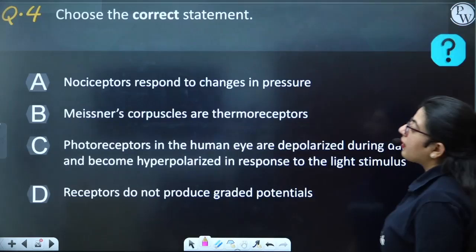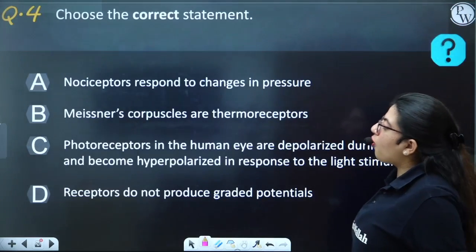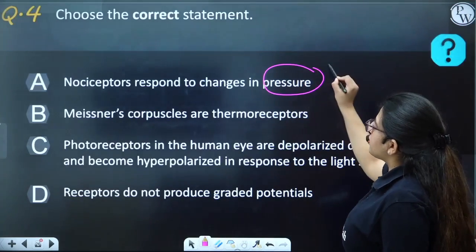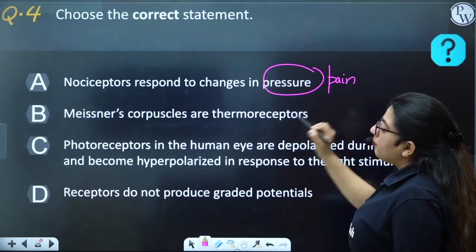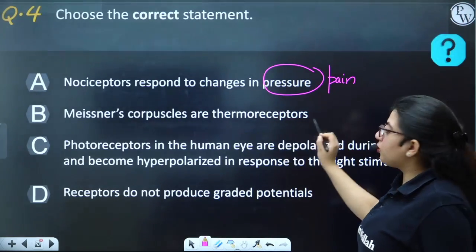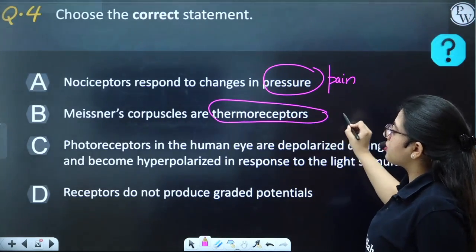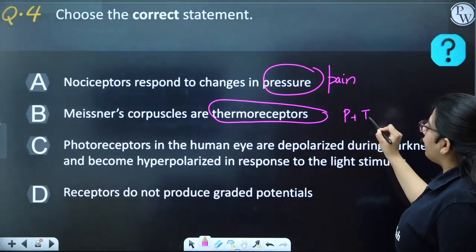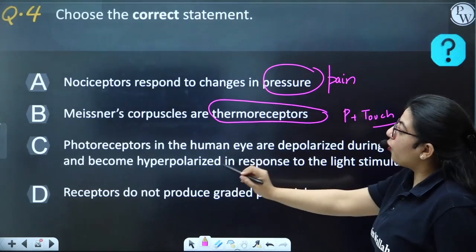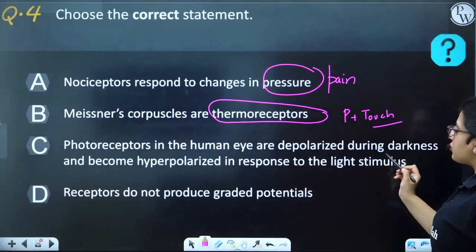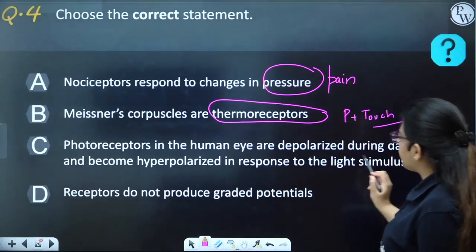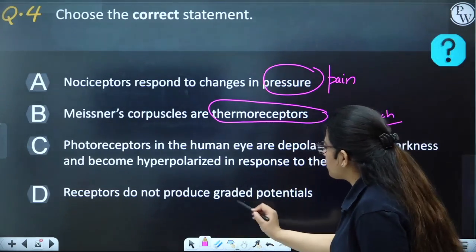Next. Choose the correct statement. Nociceptors respond to change in pressure. No, nociceptors are for pain. Meissner's corpuscles are thermoreceptors. No, I've told you they are tango receptors for pressure and touch. Photoreceptors in the human eye are depolarized during dark and become hyperpolarized in the light stimulus. Receptors do not respond to graded potential.